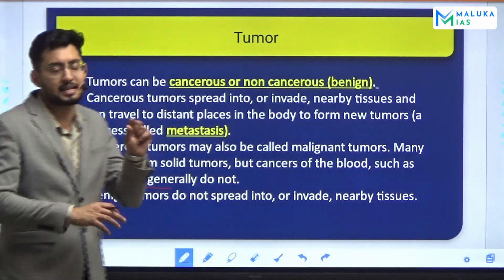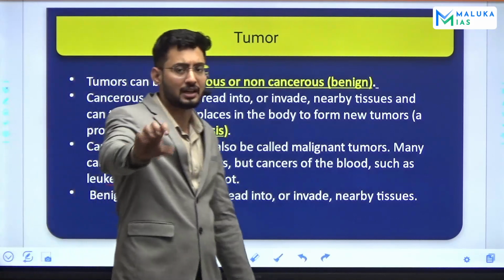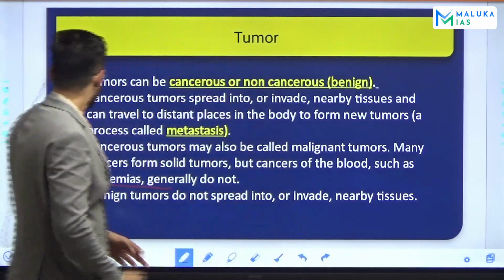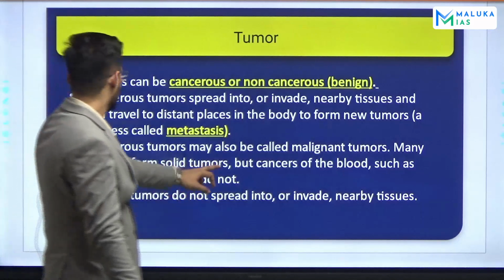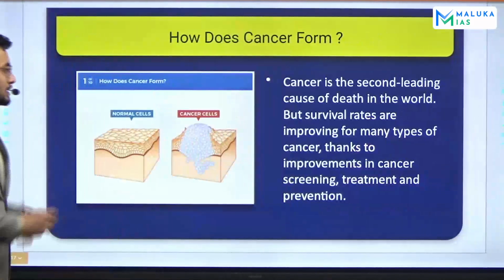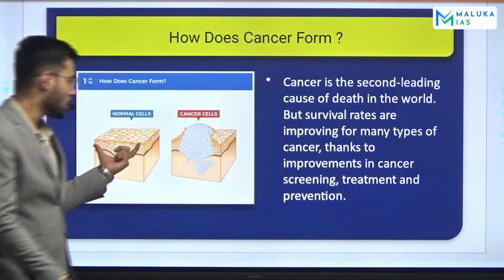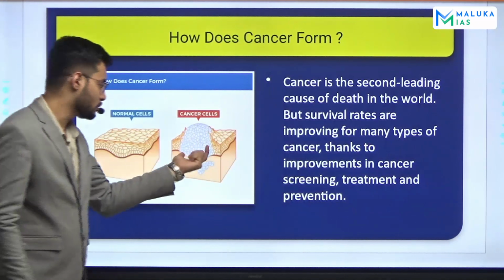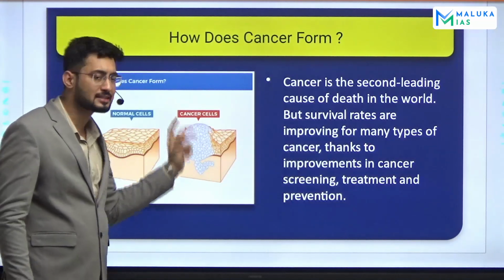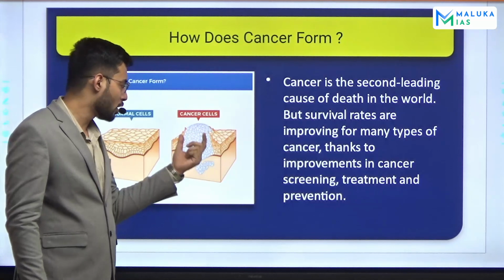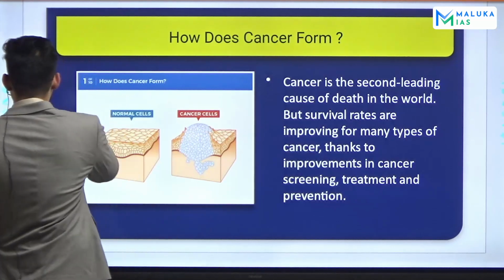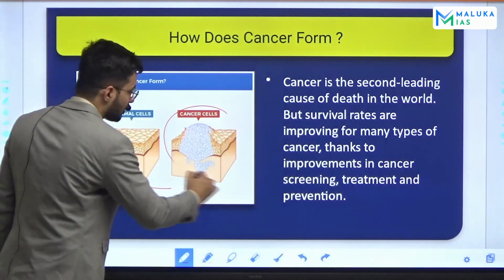They remain stagnant. If they are in some place, they will remain in that place only. How does cancer form? This is the normal cell. Normal cell में mutation हुआ, and through that mutation these cancerous cells form, and because of this we see lumps on our skin.